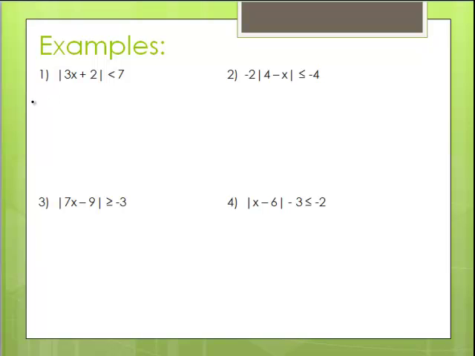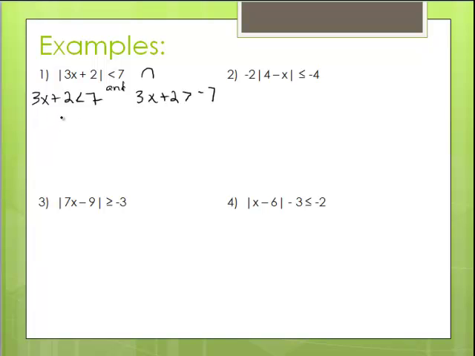Alright, so let's have a look at some problems, see how it works. Solve them as usual. So we'll have 3x plus 2 is less than 7. Since this is a less than, what does that mean? It means intersection. So we're going to have and 3x plus 2 is greater than -7. So solve each one.